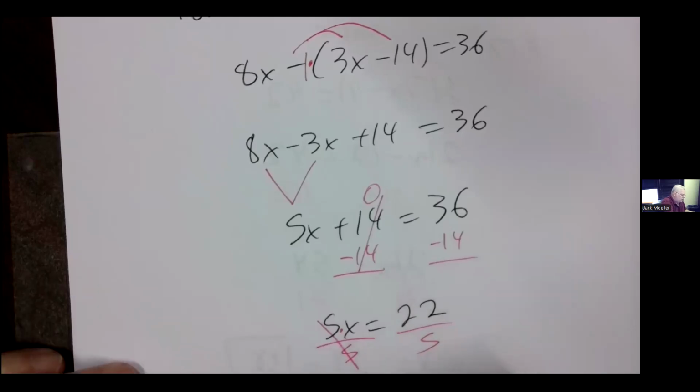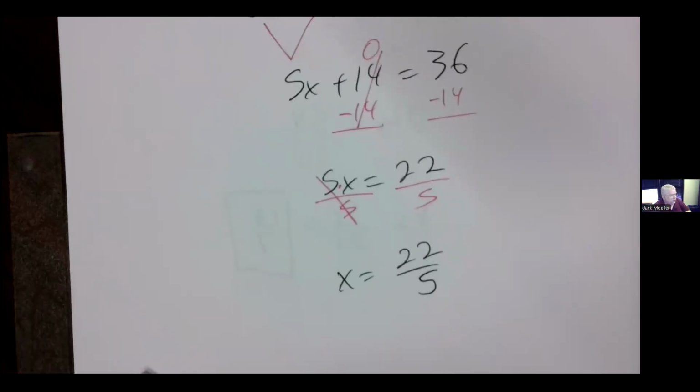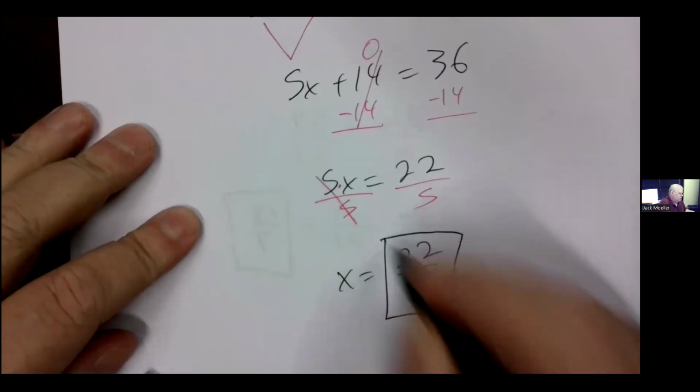We get x equals 22 fifths. So that's a fraction, so the first thing I always do is grab a calculator, do the division. If it's a whole number, great, but if it's not, don't go to decimals. This can't be simplified because 5 doesn't go into 22. Don't go to mixed numbers. That is your answer.